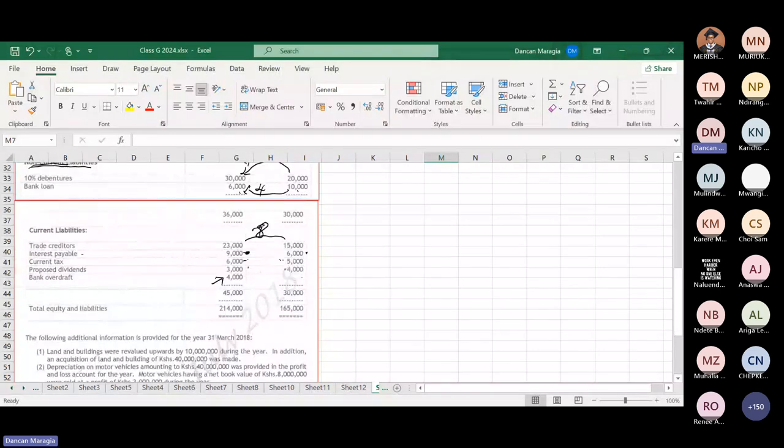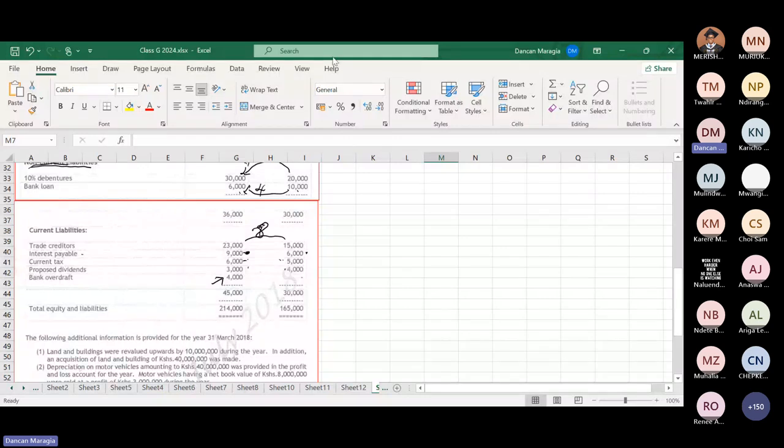Now we have a negative of 4 million. During the period, cash has changed by how much? Negative 7 million. Negative 7,000. So negative 7,000.